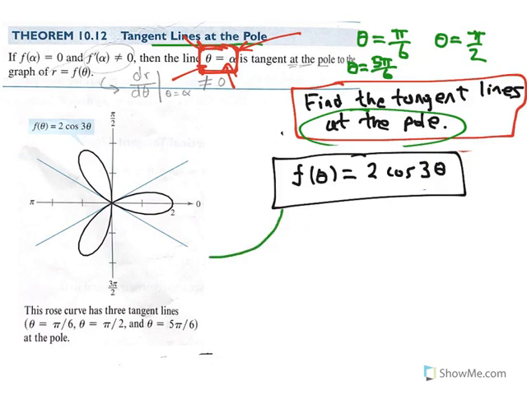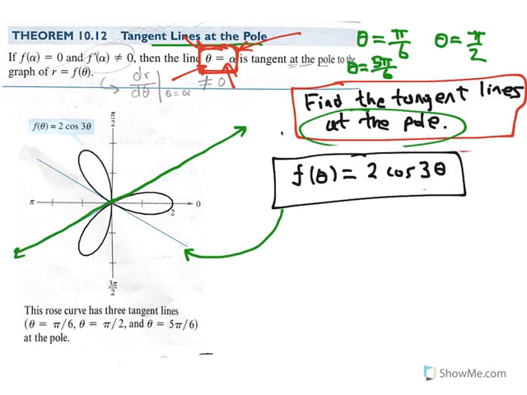So here you see the graph of our polar equation on the interval from 0 to pi. It is a rose curve. And as we saw earlier from our work, we see that there are three tangent lines at the pole. The first tangent line is the line theta is equal to pi over 6, and here's the angle pi over 6, so you have this line.